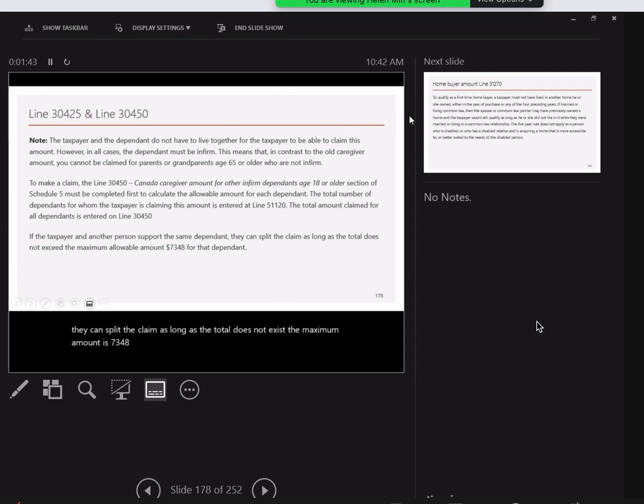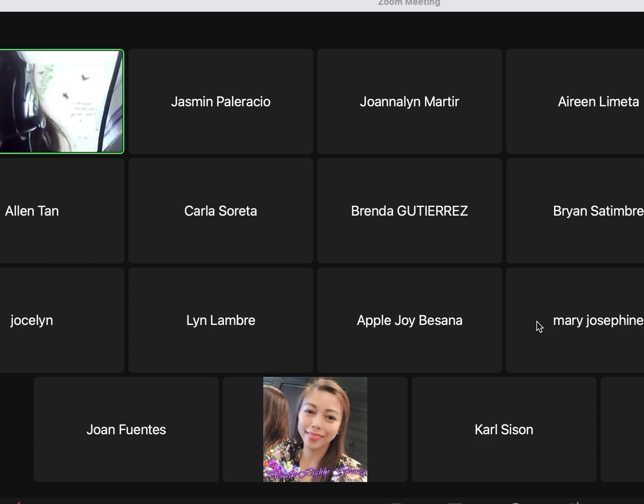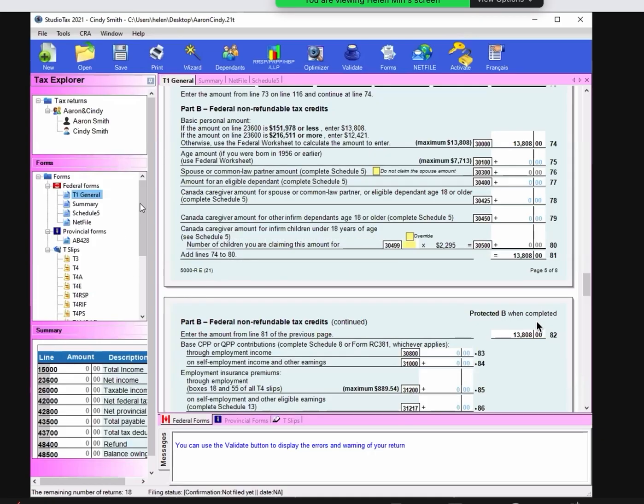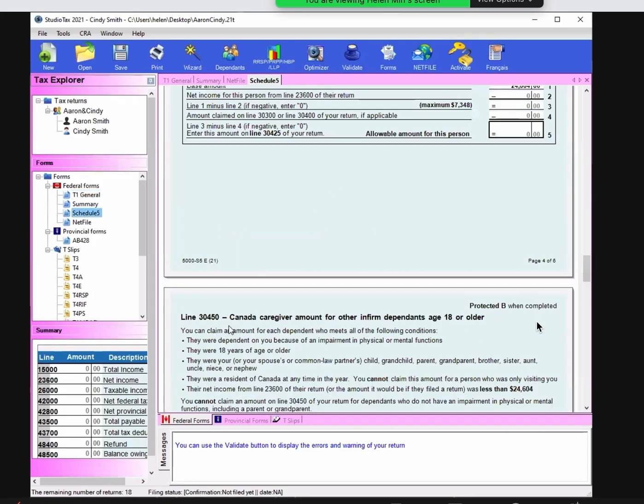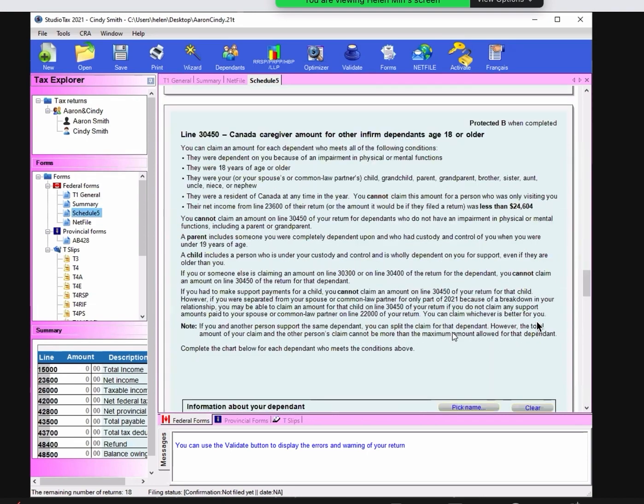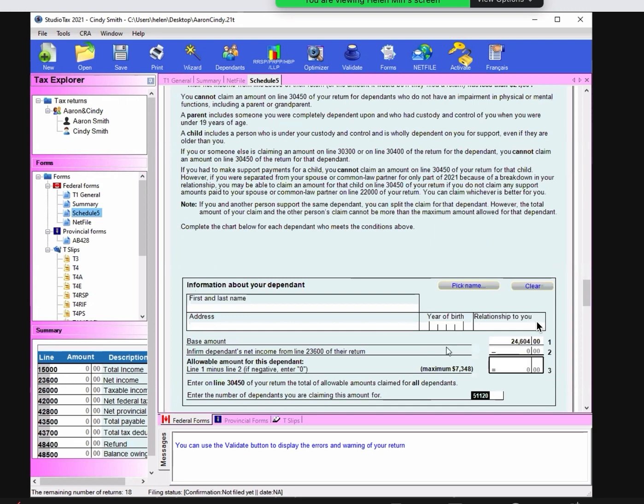For example, if my father lives with me half the year and part of the year lives with my brother, my brother and I can split that amount. The biggest is 7,348.